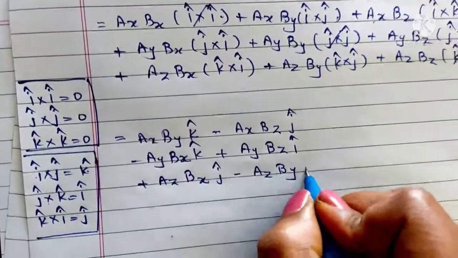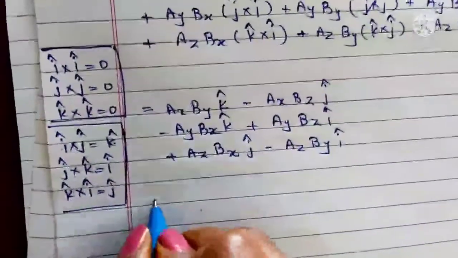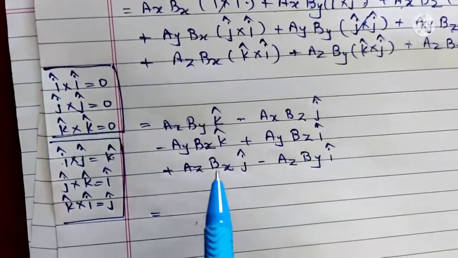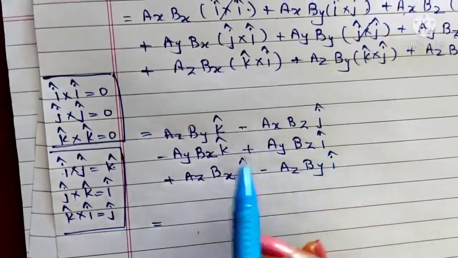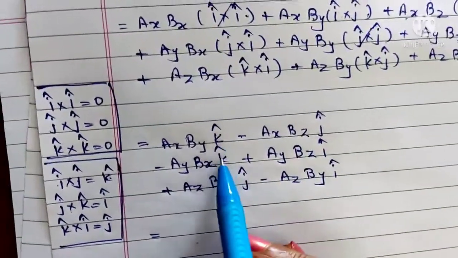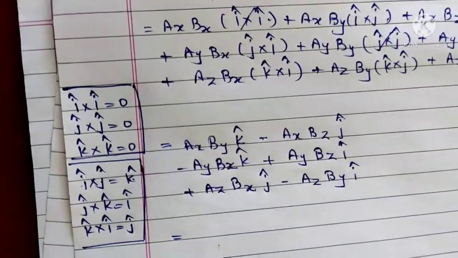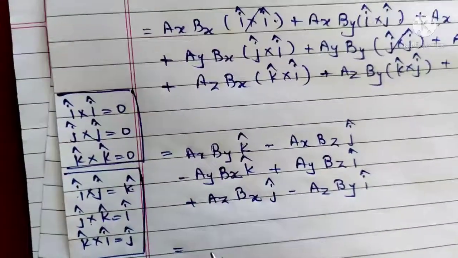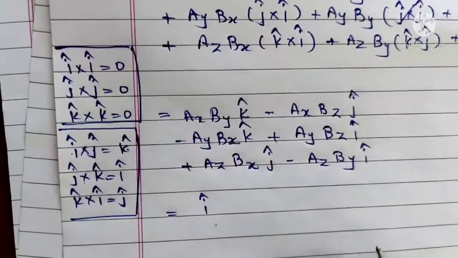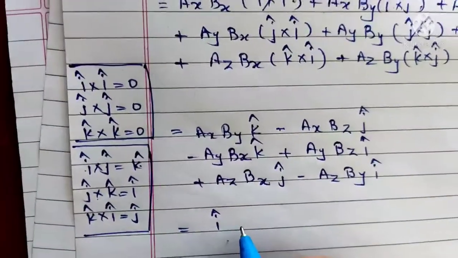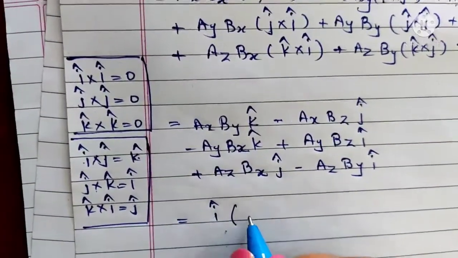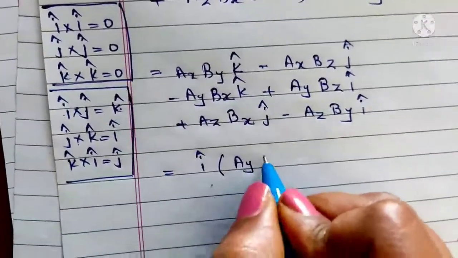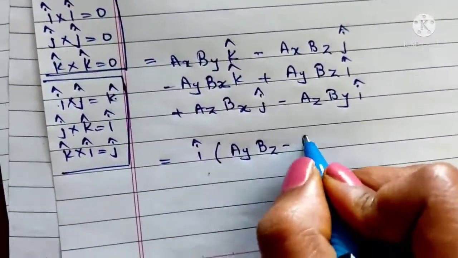So this term becomes az by into i cap. Then take the similar terms, that means terms of i cap, terms of j cap, and terms of k cap in the same bracket. We can take the term related to i cap first, so i cap can be taken outside the bracket. Then the remaining term ay bz minus az by.